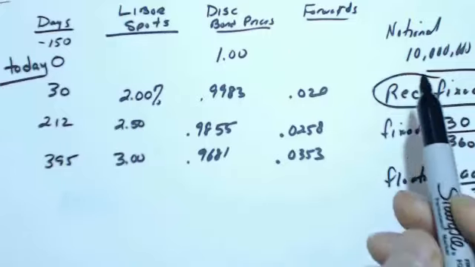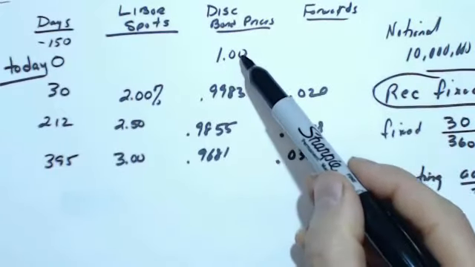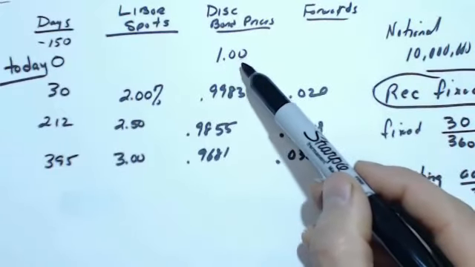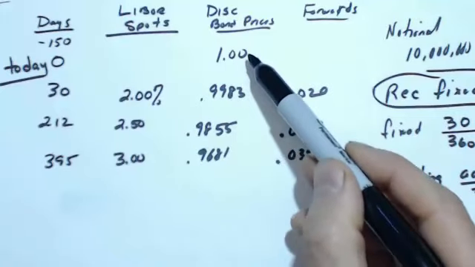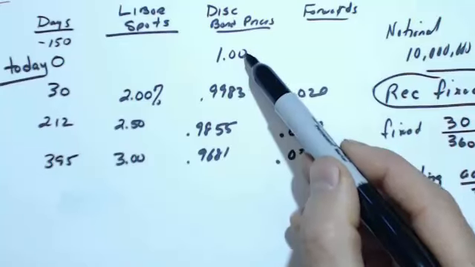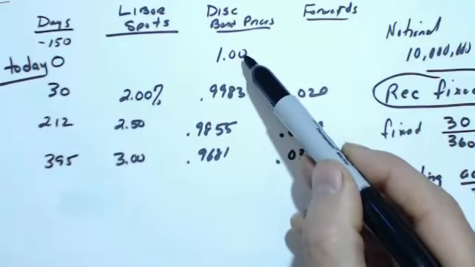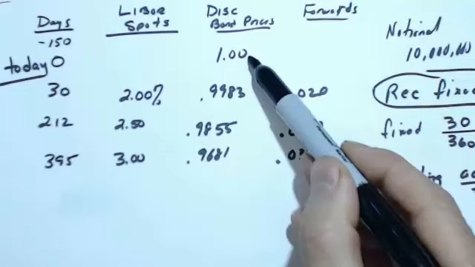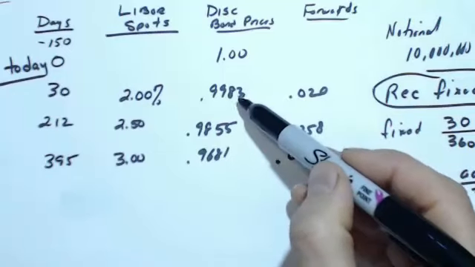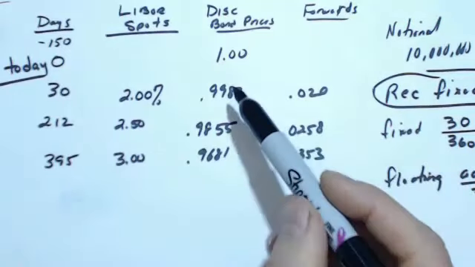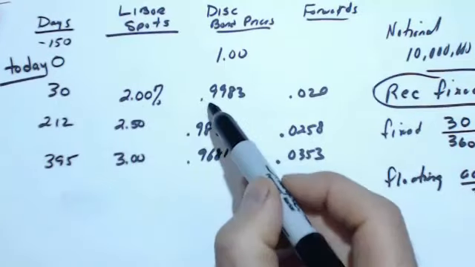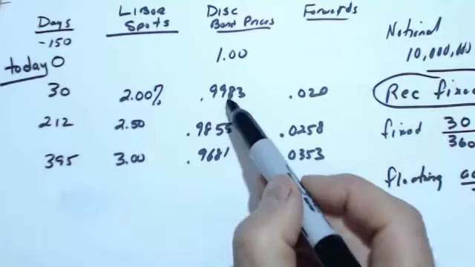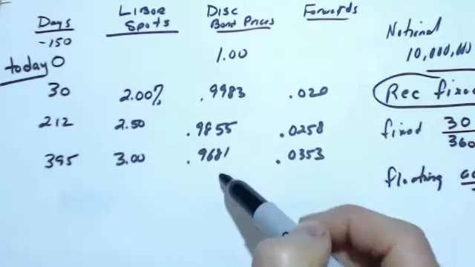From this, you can calculate the discount bond prices, just like we did with the floating rate note. I'm not going to rehash that, but basically the present value of $1 today is $1, so that's where the 1 comes from, and then $1 discounted at 2% for 30 days is really worth 99.83 cents, and so on.